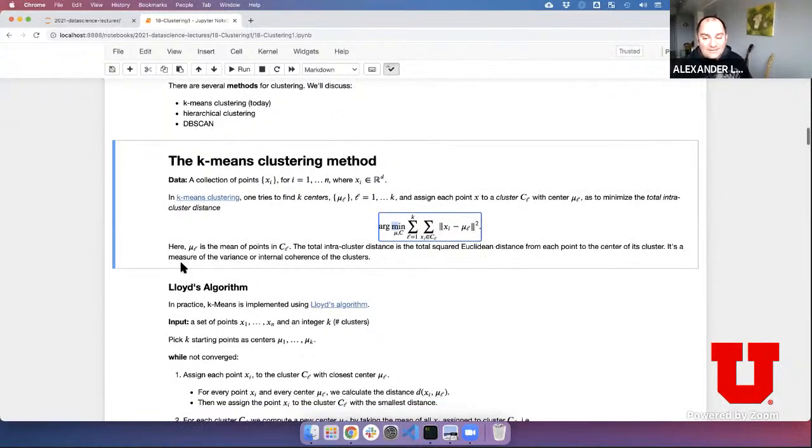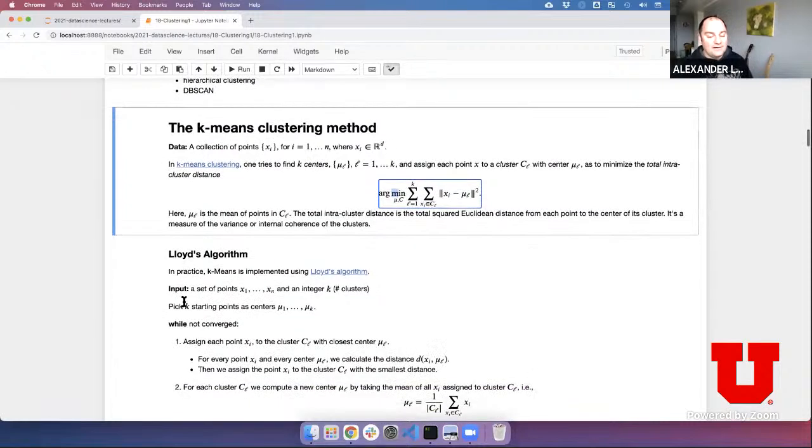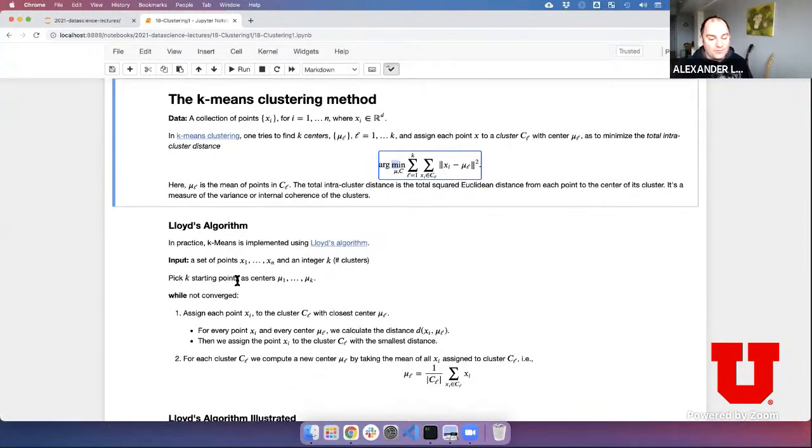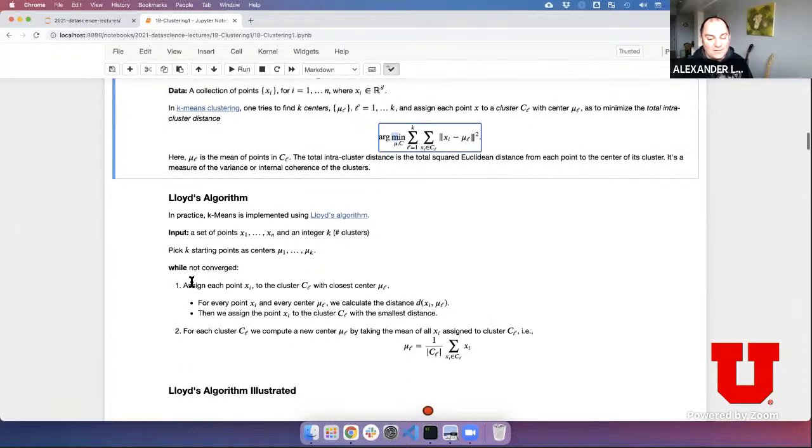In practice, the way this is frequently implemented is with Lloyd's algorithm. Here we have a set of points x1 to xn, and an integer k given, which is our number of clusters. We pick k starting points, and then while it's not converged, we assign each point x to the cluster C with the closest center mu.